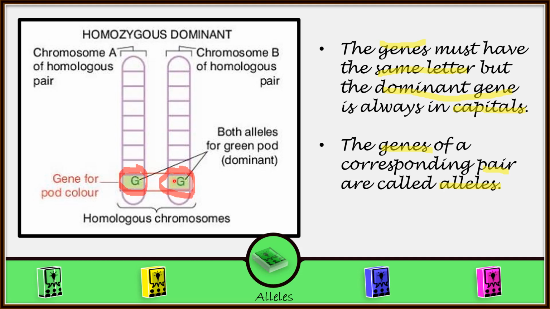But if this one was a small g, there would be alternative forms of the gene which controls the pod color. This one will be controlling it differently, and this one will be controlling it differently, but they are controlling the same characteristic.